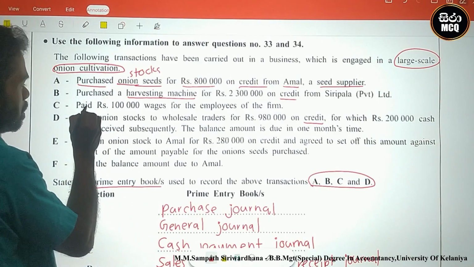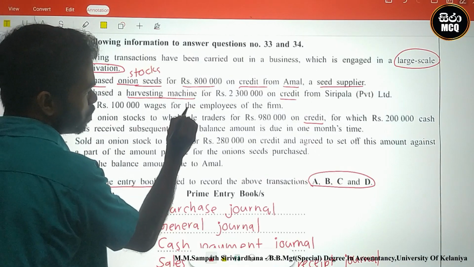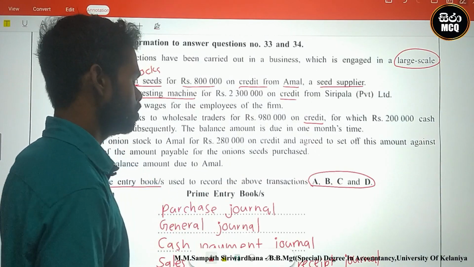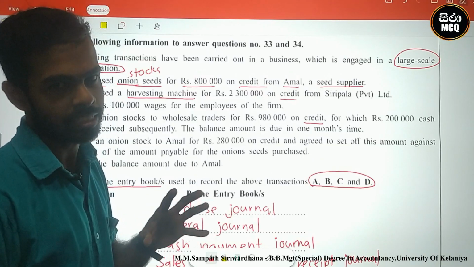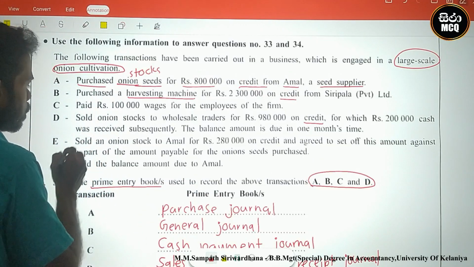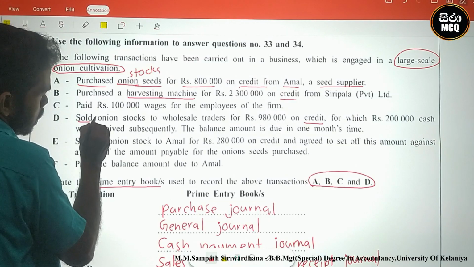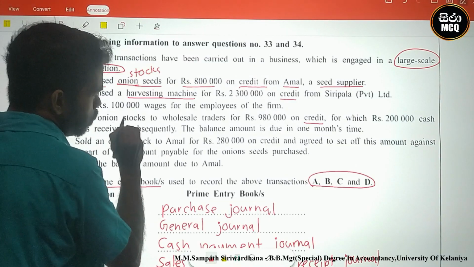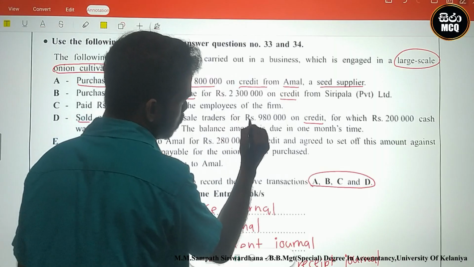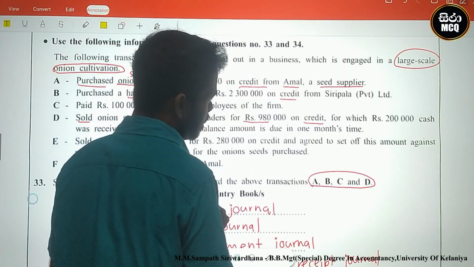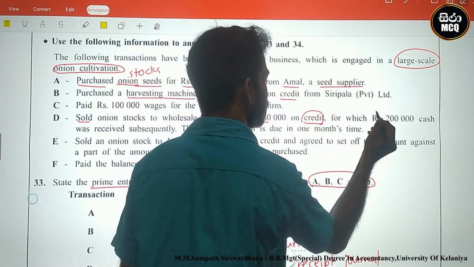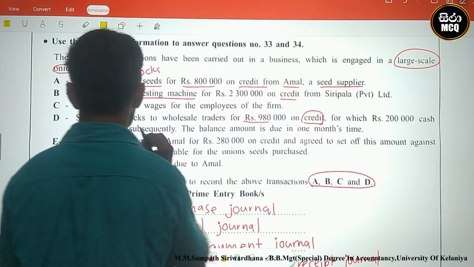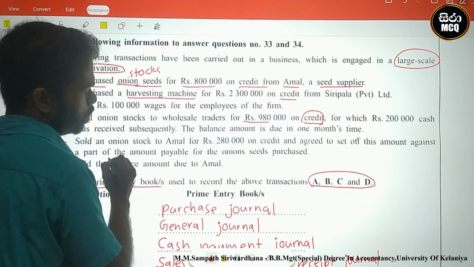Okay, let's see. Paid 100 wages for employees of the firm. This is a salary payment, not related to a sales transaction. Therefore, let's see. Look here, sold onion stocks to wholesale traders for 980,000 on credit, for which 200 cash was received subsequently.